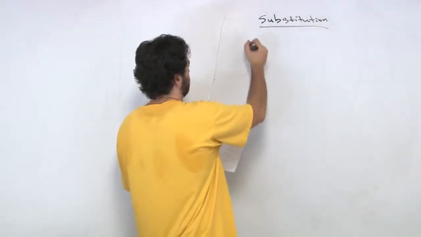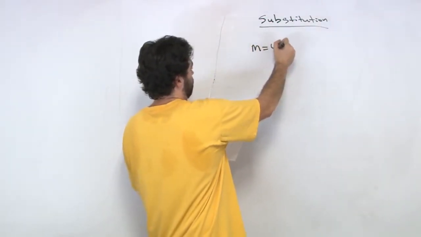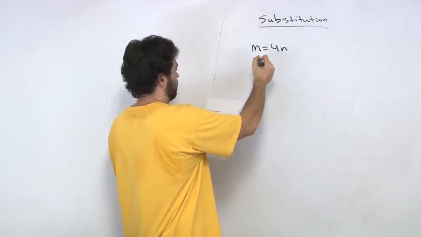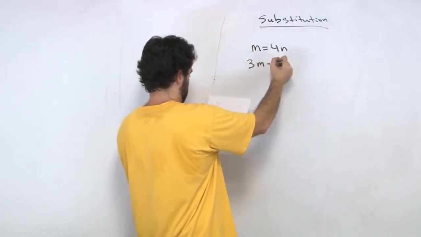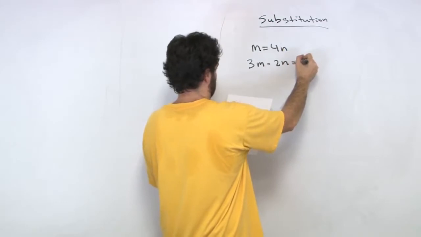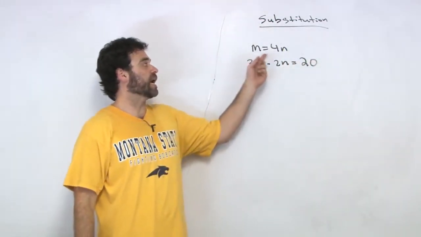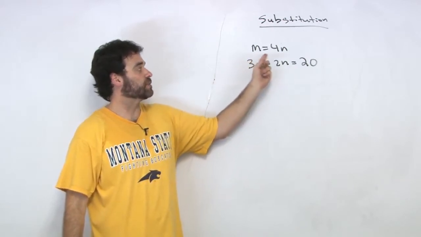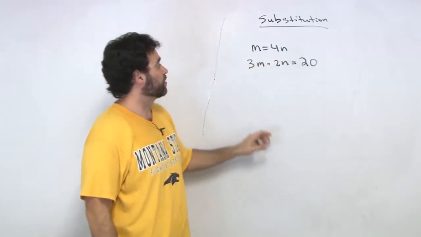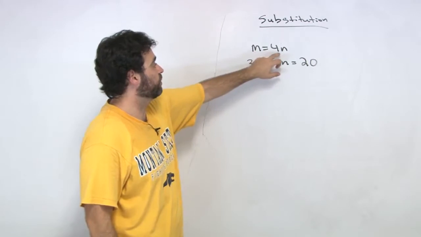Here we have m equals 4n and 3m minus 2n equals 20. We already have one variable isolated. We know that m is equal to 4n, so I'm going to replace my m with 4n.